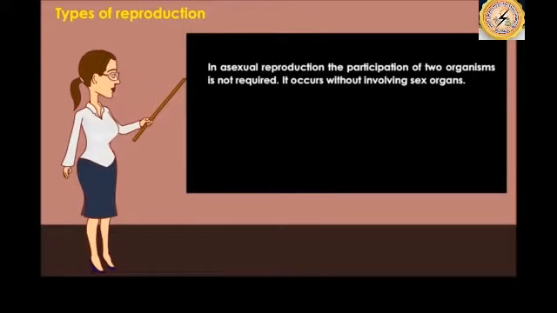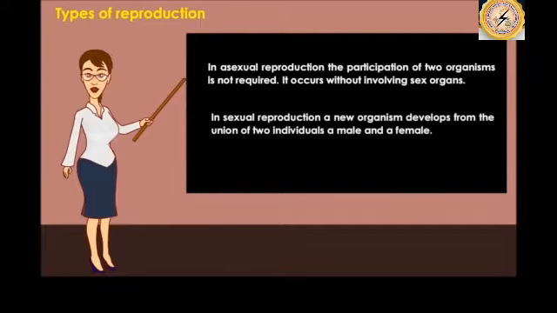So here only one organism is involved. In case of sexual reproduction, an organism develops from the union of two individuals, that is a male and a female.